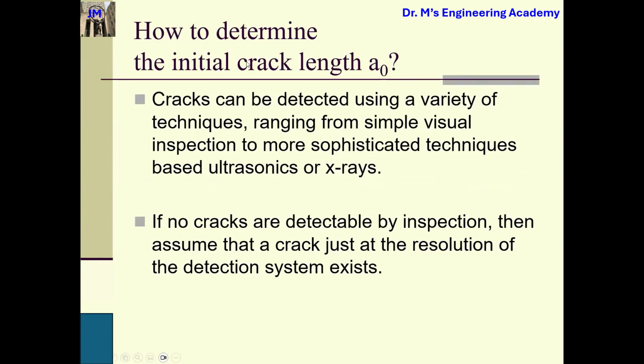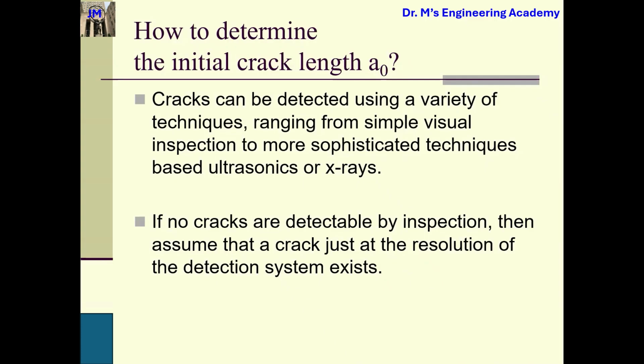So how do we determine this? If we want to do calculations, we need to know the initial crack length, right? How to define the initial crack length a0? Cracks can be detected using a variety of techniques, ranging from simple visual inspection using our eyes to more sophisticated techniques based on ultrasonics or X-rays.